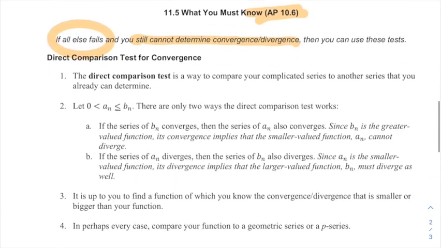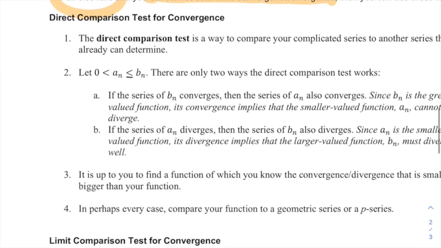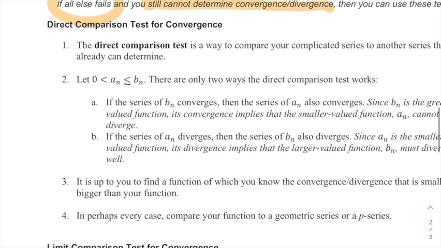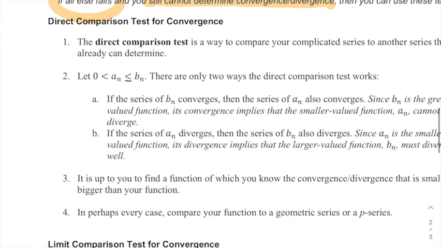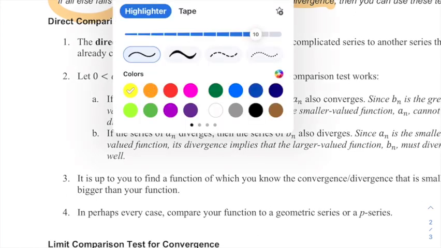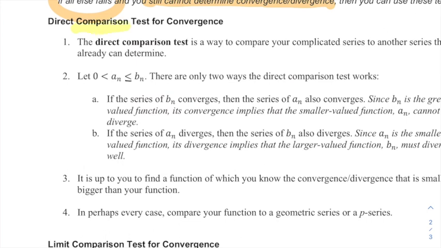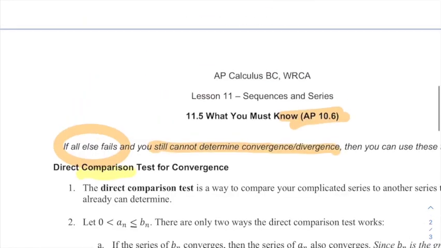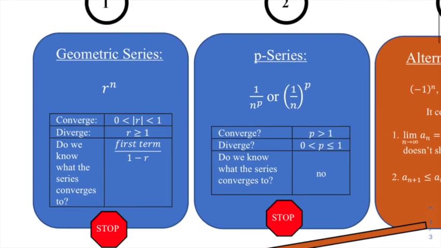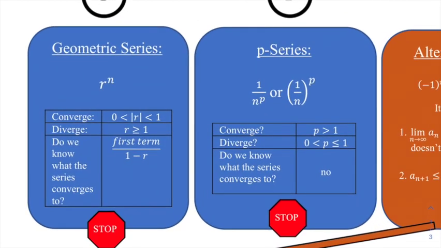But let's go ahead and learn the first of the two, the direct comparison test. I suppose we should think about what the word comparison means for a moment. We are going to compare our series to another series that we already know and can easily figure something out about. If we go back up to our roadmap, there are two main series like that.